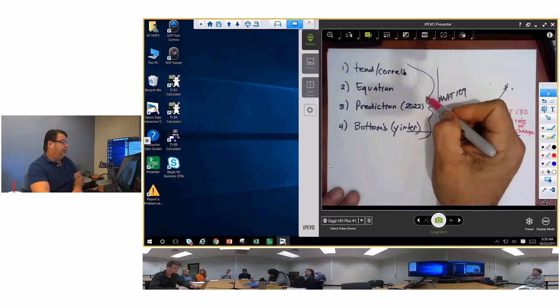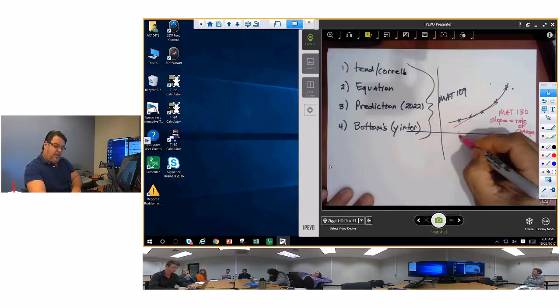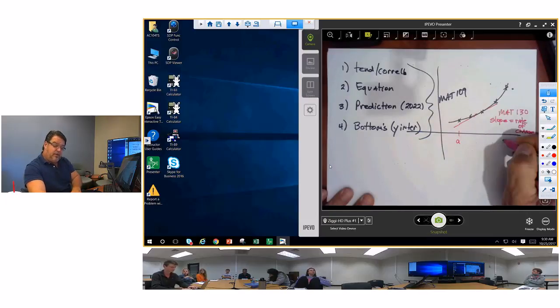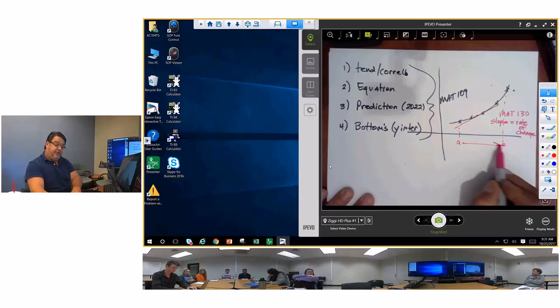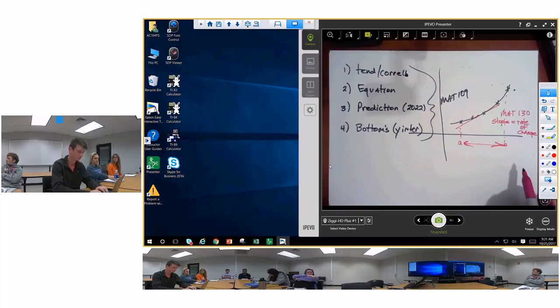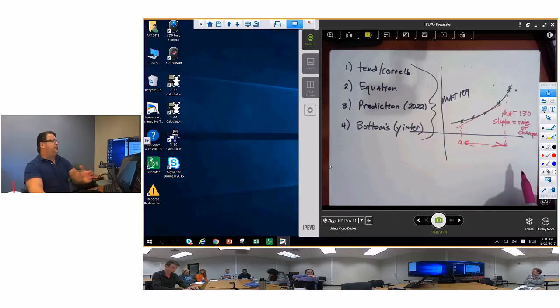Okay, the difference between algebra and calculus. Algebra is not one point in time. Algebra is the span of A to B. So here's A and here's B, and algebra looks at, okay, from A to B. What calculus does, whether you're in engineering calculus or business calculus, it gives you any point in time, any second, any point.